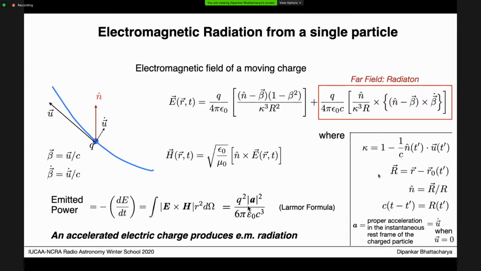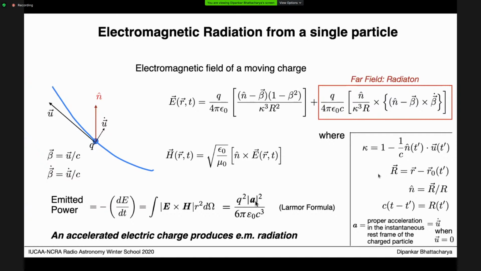So what you have learned then is that if a charged particle is subjected to an acceleration, then it will produce electromagnetic radiation. And it is this electromagnetic radiation that we will be able to see at a large distance.